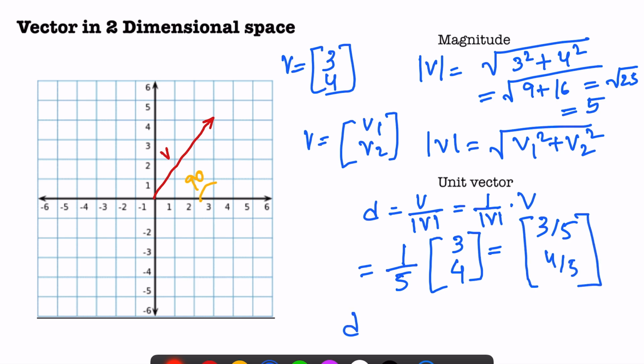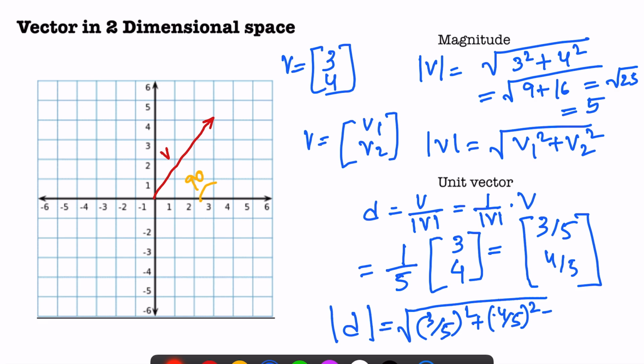If we just want to verify this, the length of this unit vector, using this formula, will be the square root of (3 by 5) square plus (4 by 5) square, which is the square root of 9 by 25 plus 16 by 25, which is the square root of 25 by 25, which is 1.